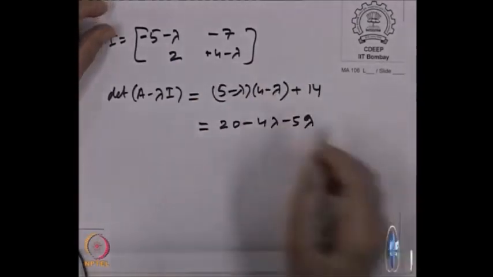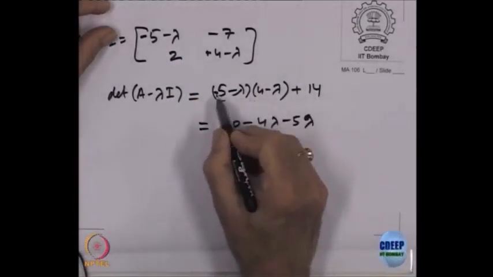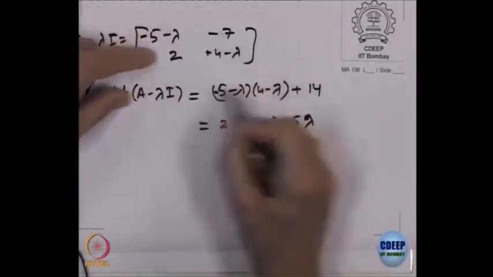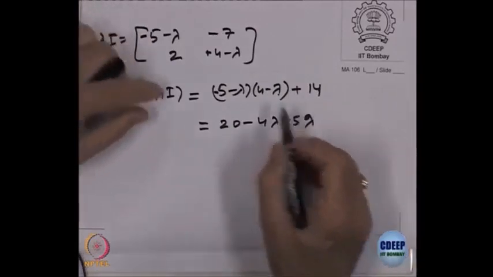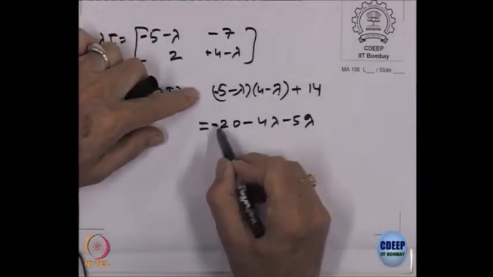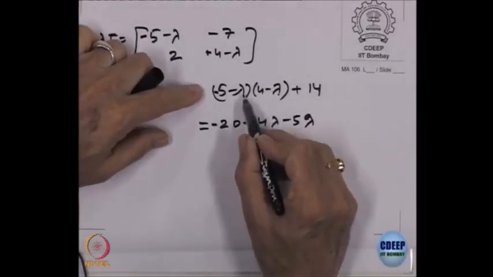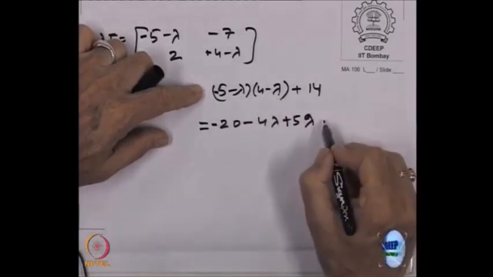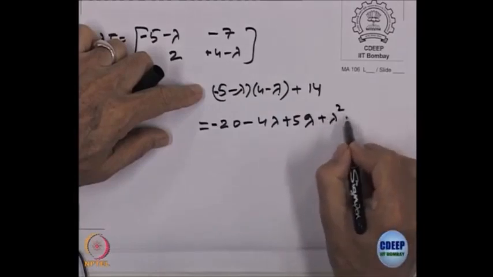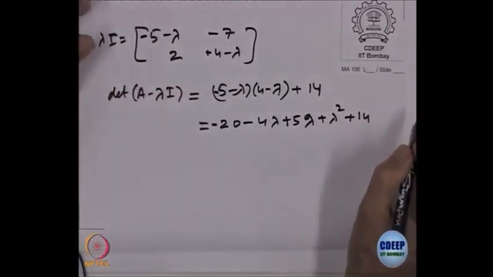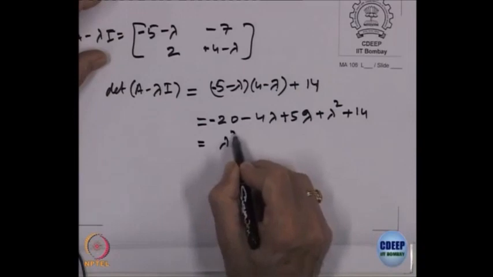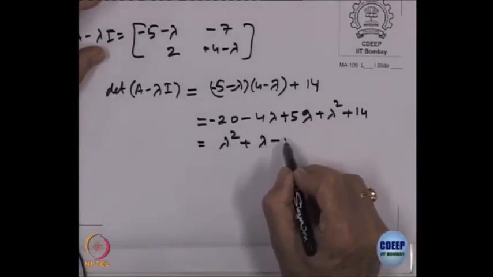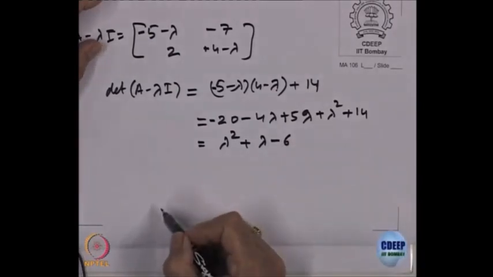So that is (5 minus lambda)(4 minus lambda) plus 14, which gives 20 minus 4 lambda minus 5 lambda plus lambda square plus 14. What is that equal to? Lambda square minus 9 lambda plus 34.